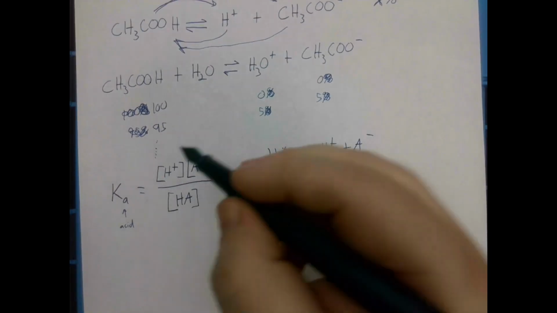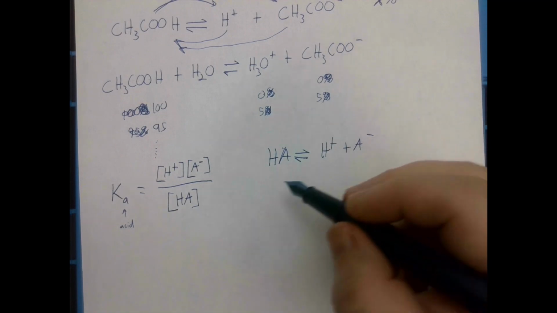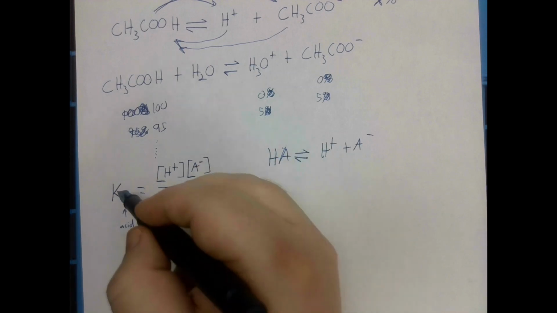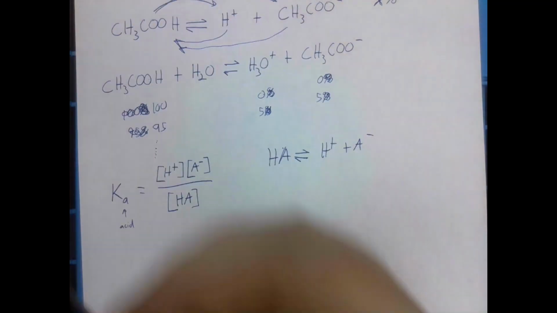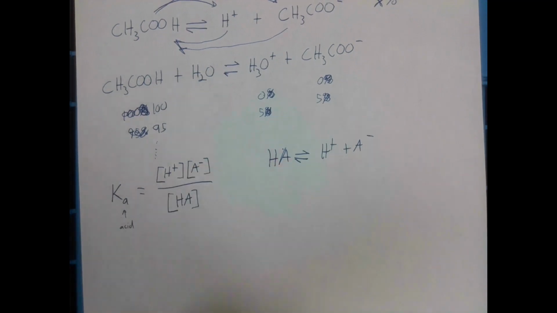So if you take the concentration of H plus times the concentration of A negative and divide it by the concentration of your original molecule, it's a constant. This value never changes. So regardless of whether I had 5% or 25% or 100% vinegar, this Ka stays constant. So vinegar Ka, you'd have to look this up on a table.